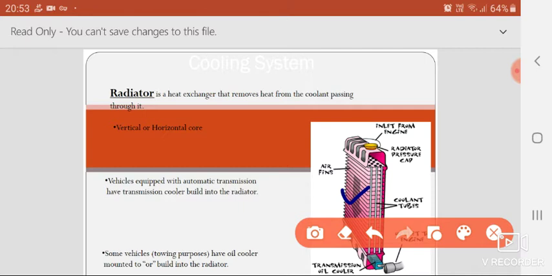So you have to filter the coolant from time to time. Not filter, you have to flush out the coolant. The coolant is flushed out and new coolant is put after a particular period. Coolant is quite costly. You people who are using a car, you know that. When you change the coolant, it is quite costly. But that is to be replaced after a particular period of time.